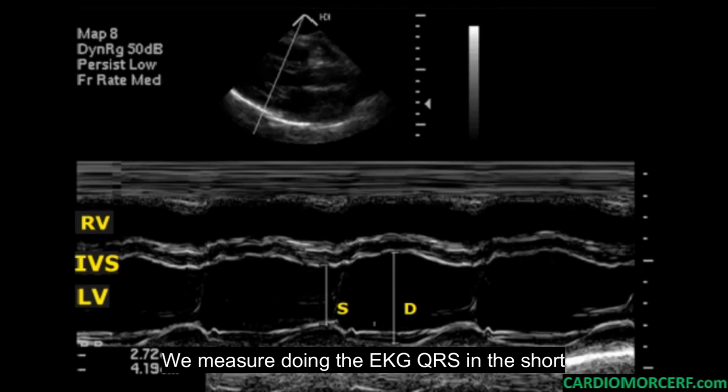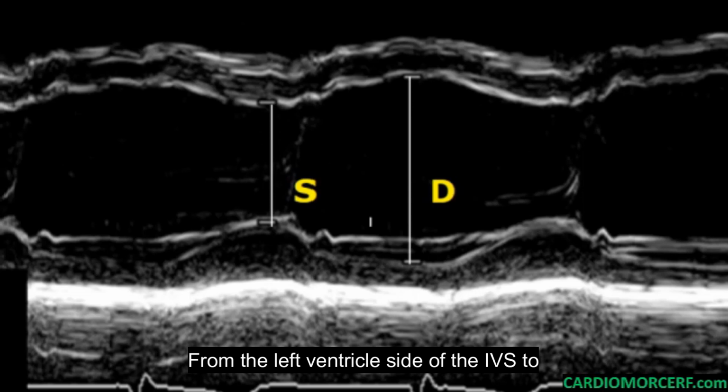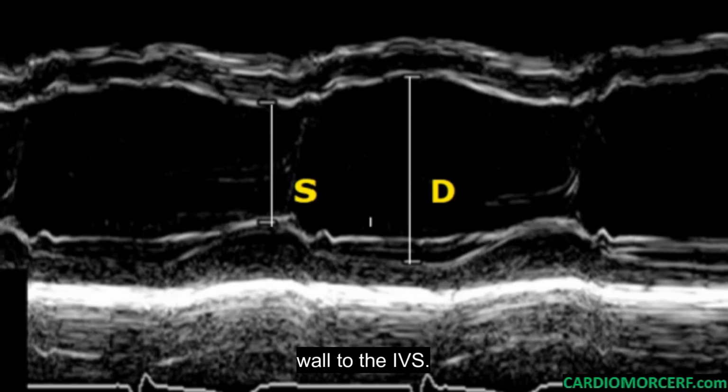Moreover, here we measure during the EKG QRS the short axis during diastole, from the left ventricle side of the IVS to the endocardium of the posterior wall, which is cubed to give us the diastolic volume. The best way to measure the systolic diameter is from the peak of the posterior wall to the IVS.